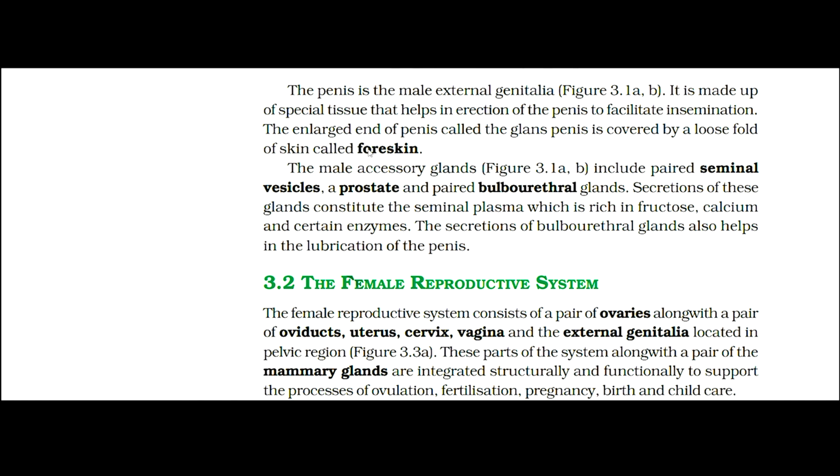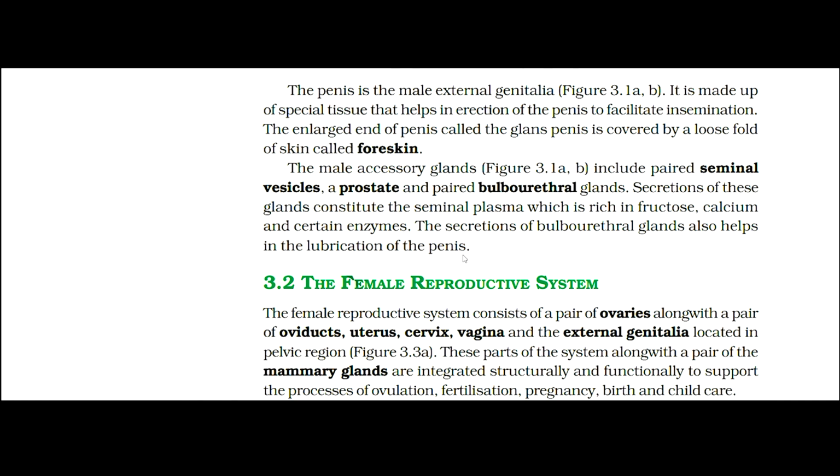The male accessory glands, which is given in figure 3.1a-b, include paired seminal vesicles, a prostate, and a pair of bulbourethral glands. Secretion of these glands constitute the seminal plasma, which is rich in fructose, calcium, and certain enzymes. The secretion of bulbourethral glands also helps in lubrication of the penis.